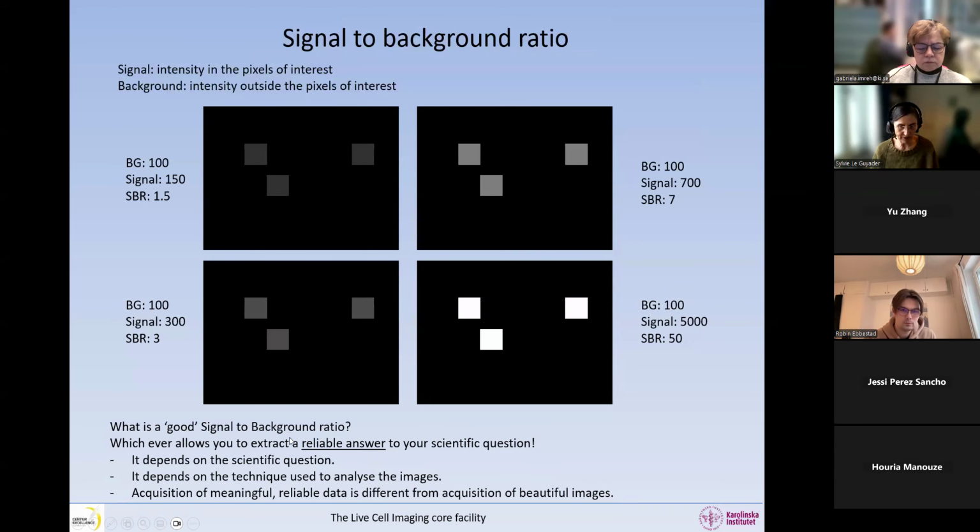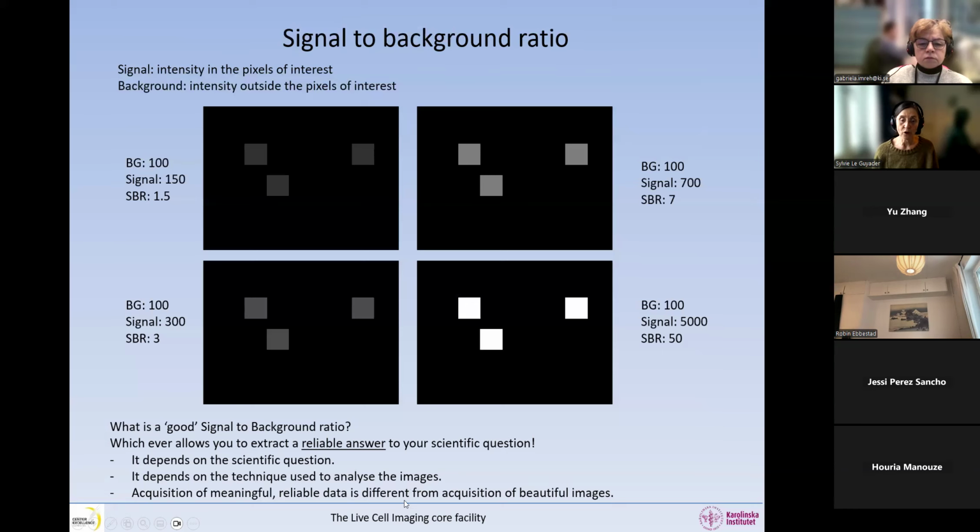I'm giving you the gold standard, and then you have to position yourself compared to this gold standard based on your scientific question and how reliable your answers are. It also depends on the technique used to image. The signal to background ratio is going to be completely different if you use a wide field system or a system that has an optical section. All you want is to acquire meaningful and reliable data.